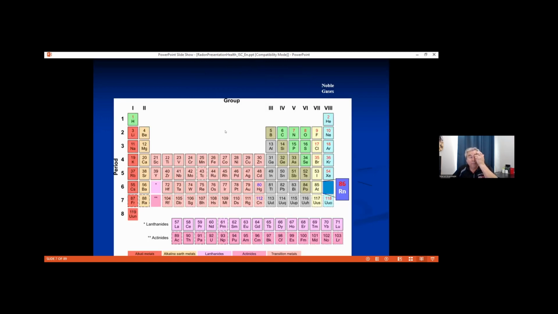Here's what we call the periodic table. Those who have taken chemistry over the years have probably seen something like this. All the elements that we know of are shown in this periodic table. If we go to the top left-hand corner, we see an H in the first square, and a little 1, which indicates the atomic number, which also indicates the number of protons in that atom.